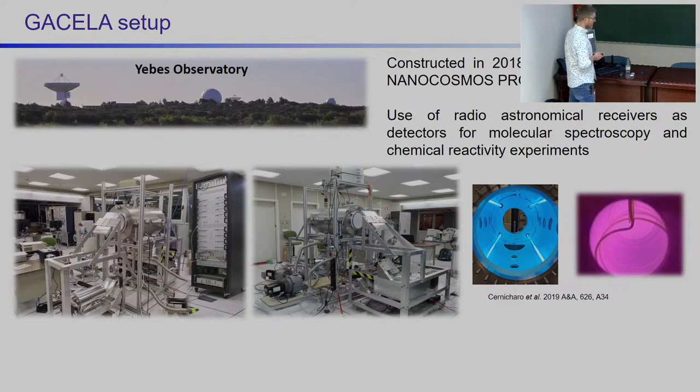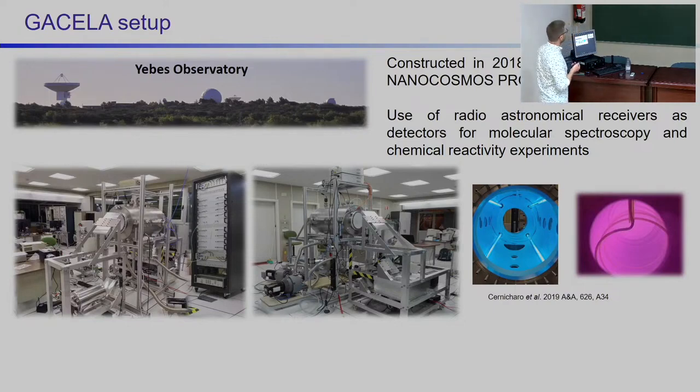This experimental setup is dedicated to the study of molecules and molecular processes using high-resolution broadband rotational spectroscopy. The design of this experiment is very new because it was the first laboratory experiment that used the same receivers as radio telescopes to detect molecular emissions in a laboratory.